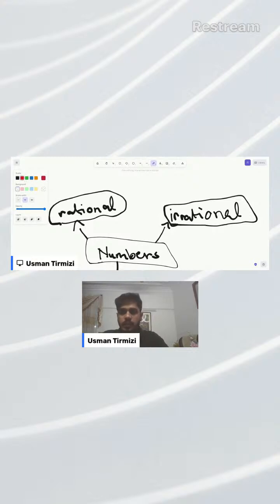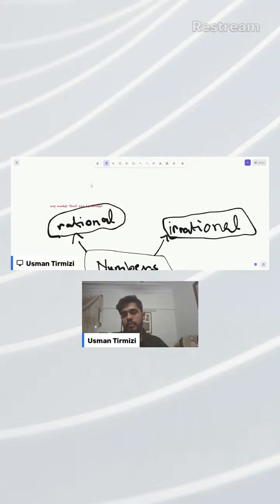All right, so to begin, a rational number is basically any number that can be divided. Any number that can be divided is called a rational number, right?